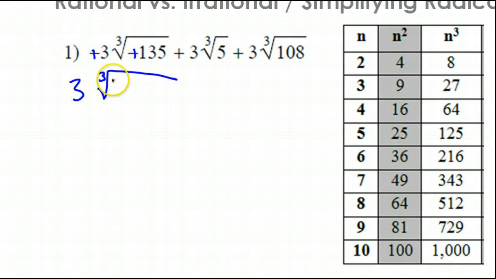I'm going to put the 27 in red because that's the perfect cube here. Then I've got plus 3 cube root 5, nothing we can do with that. Now this 108, I wonder which one of these perfect cubes divides evenly into 108.